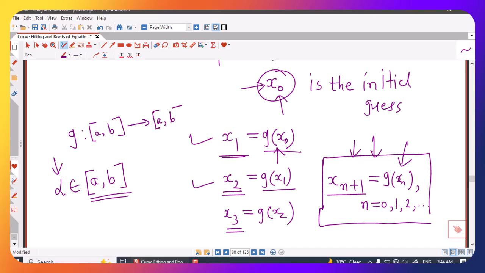We have to select the interval on which this iterative function g is defined, and that interval must contain the actual root, and in that interval we will select our initial guess.